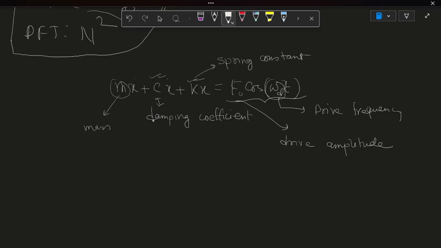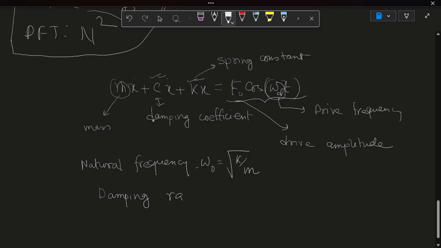We can define the natural frequency, which is generally defined as root over k by m. Also let us consider a factor called the damping ratio, which we can call gamma or xi. Let me call it xi, and it is c by 2 root over km.